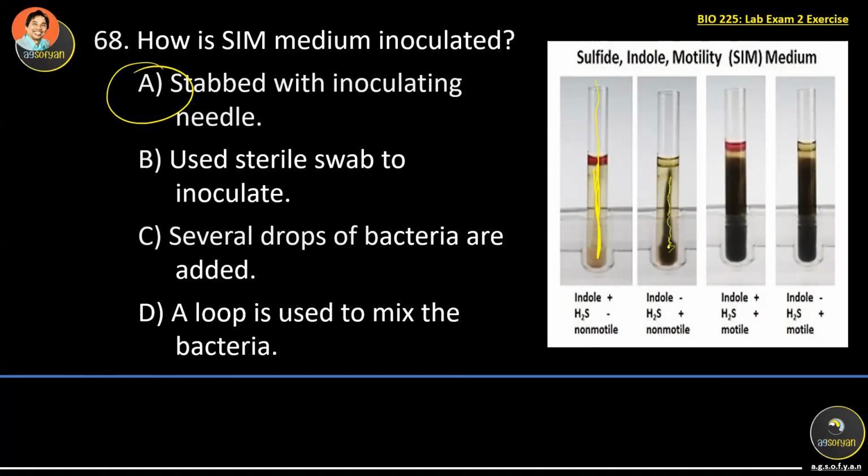If bacteria stay here, it means that it's not motile. But when everything is cloudy like this, it means that bacteria have moved from this inoculation area, which is the stab with the needle, to other areas of the medium. Therefore, when you see this cloudiness, it means the bacteria are moving. So it's motile. Okay, motile, move.